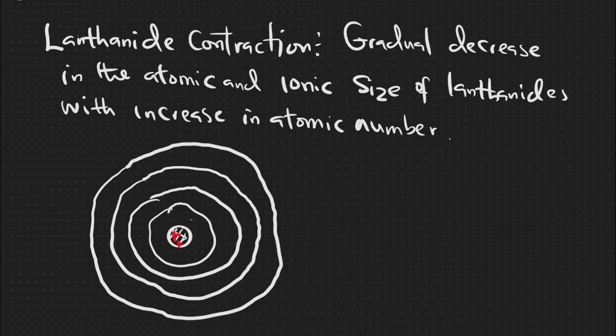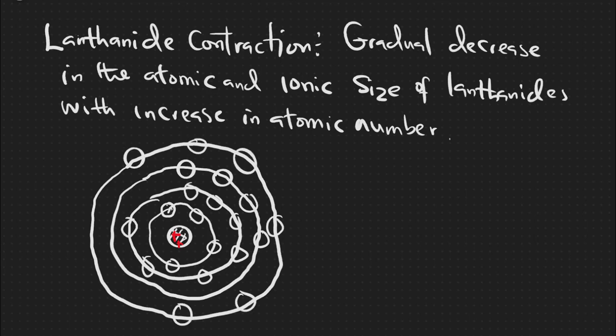So let's assume this is the atomic structure of the lanthanides. Remember that there are electrons in these orbitals, and as we have seen, there is always an electrostatic force between the nucleus and the electrons, and that's why they are always in their orbits, right?